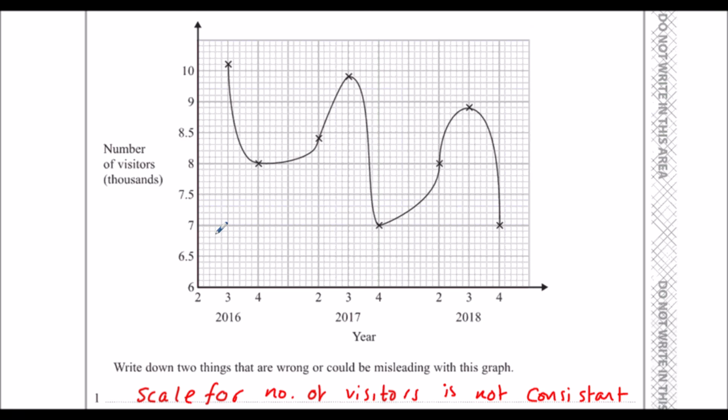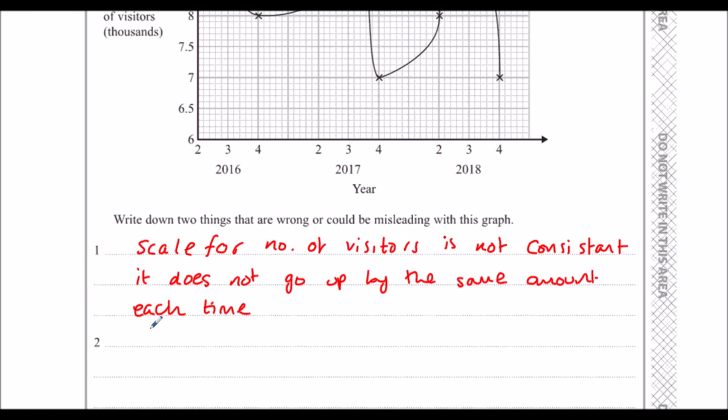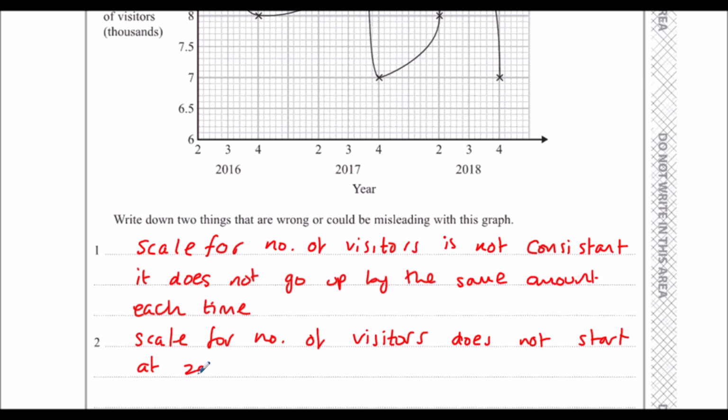Also, on that scale, it doesn't start at 0, and that makes the differences look bigger than they actually are. So we could also say the scale for visitors does not start at 0.